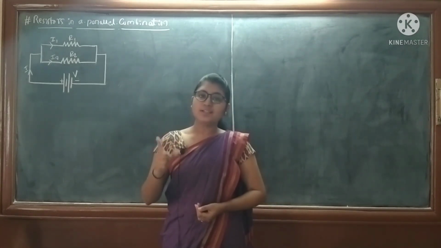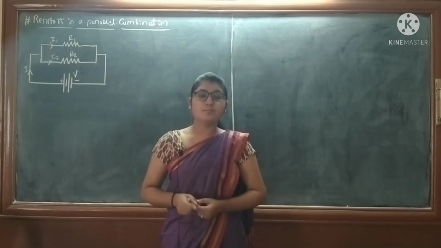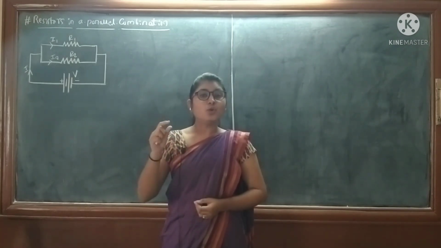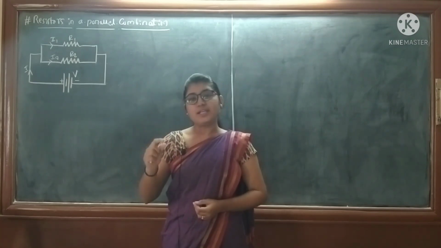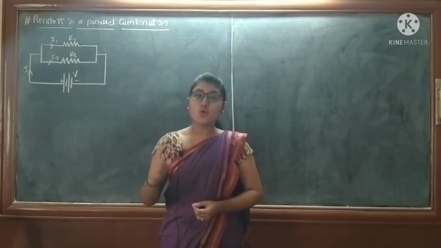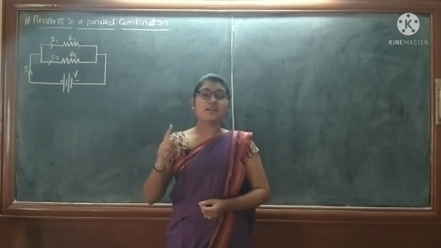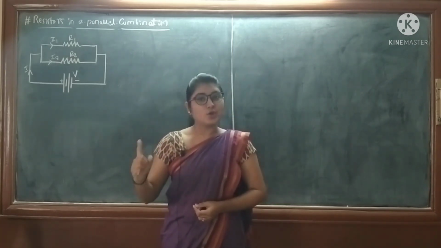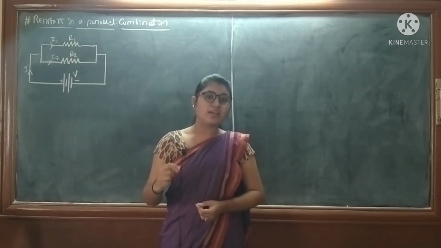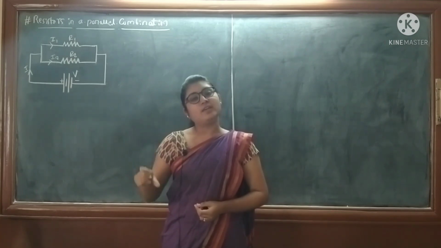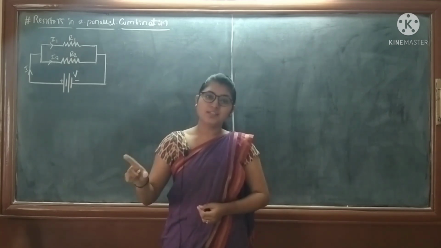Yes, that we discussed in the last class. But I told you that to complete the lesson we need to discuss one more derivation, that is resistors in a parallel combination. Yes, that I will take today, and today we will complete our electricity chapter.